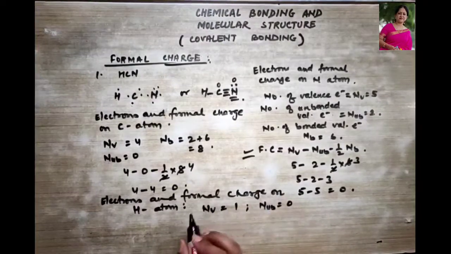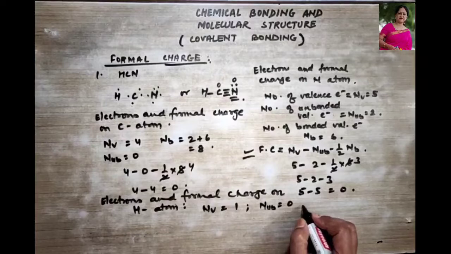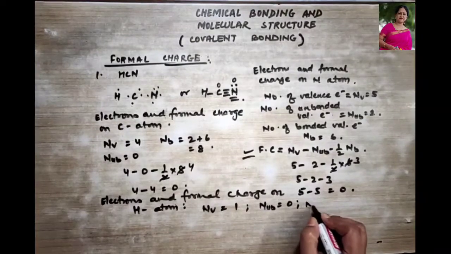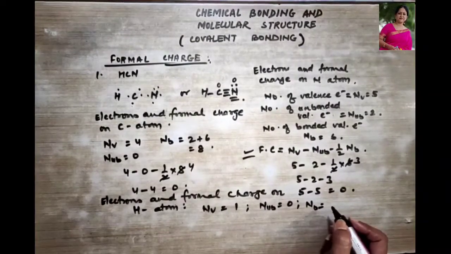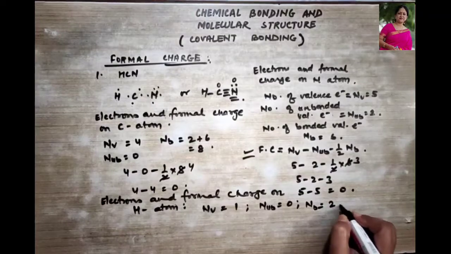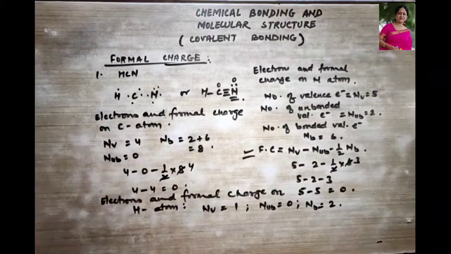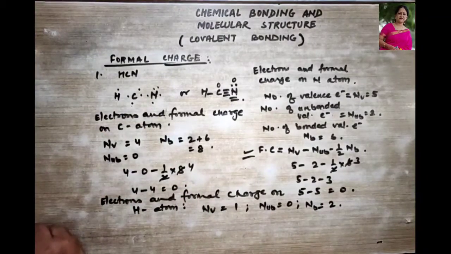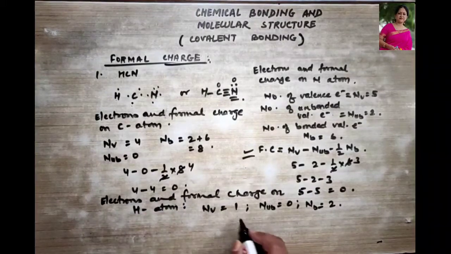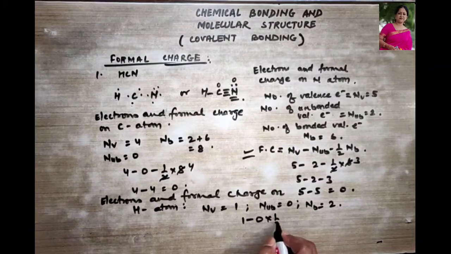And the number of bonded valence electrons, NB, is 2, because 2 electrons are present there which are bonded. So quickly put it in your formula: 1 minus 0 minus half of 2.